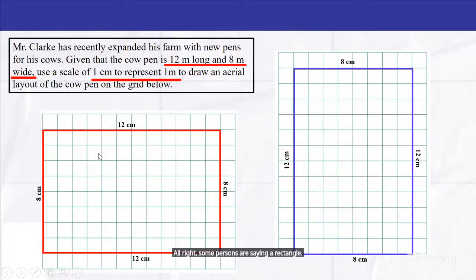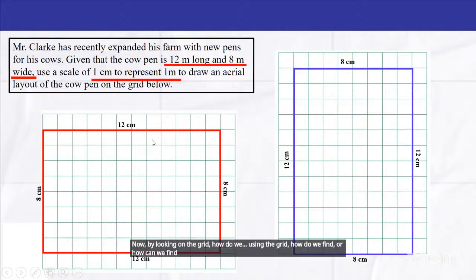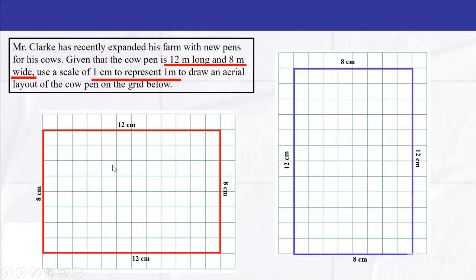Now, using the grid, how can we find the area of this rectangle? Put your responses in the chat. All right, so a number of persons are saying length times width. Okay, remember we're using the grid, we are not using a formula.